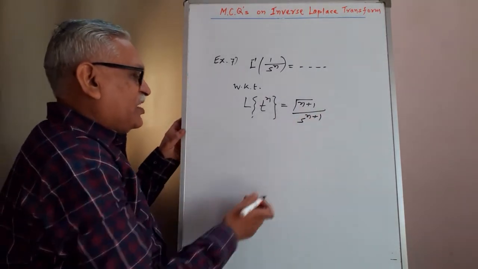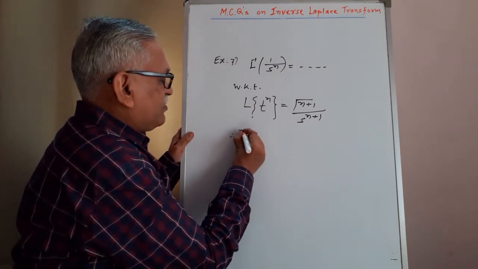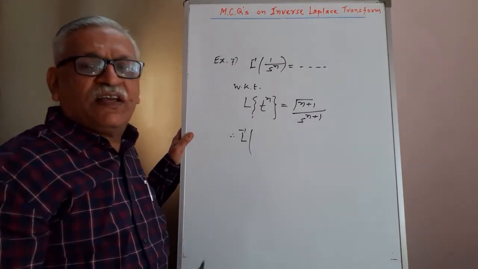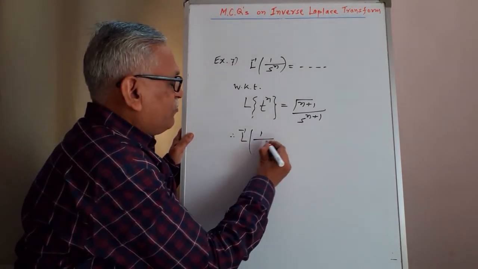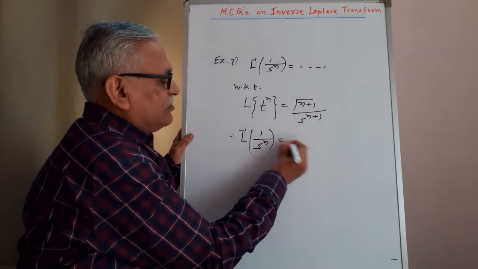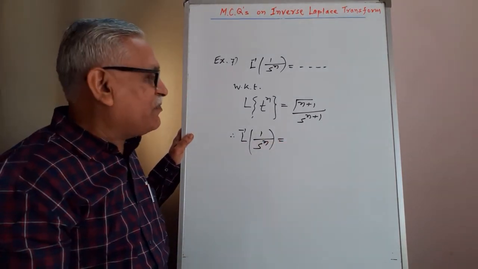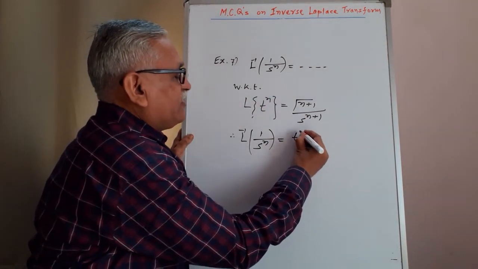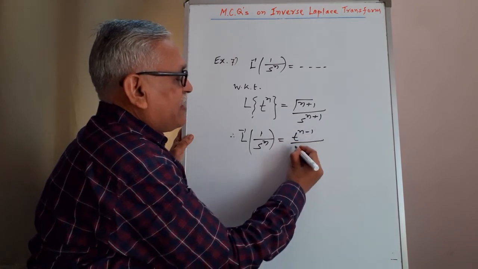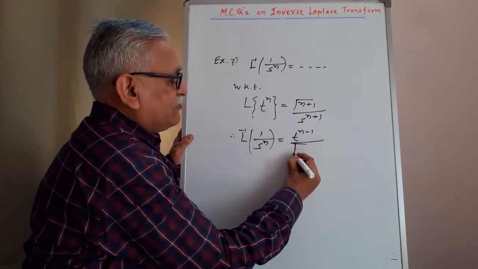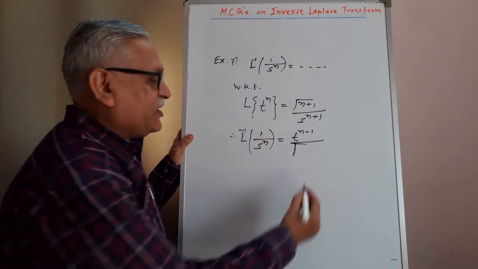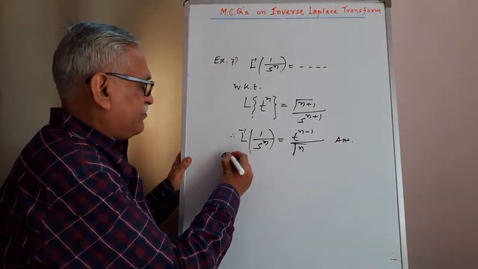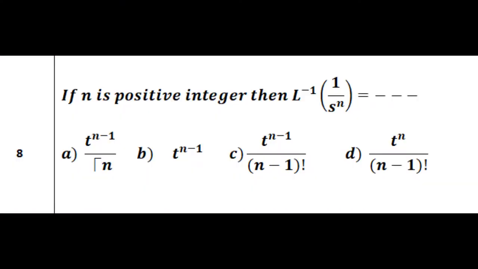Transferring this operator to the other side, while transferring it, we consider n plus 1 as n only, and therefore inverse of 1 by s to the n means I am subtracting 1 from n throughout this step, and therefore we get t raised to n minus 1 divided by gamma n as the answer. Option A.